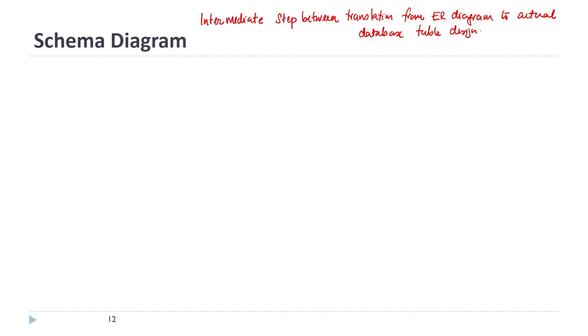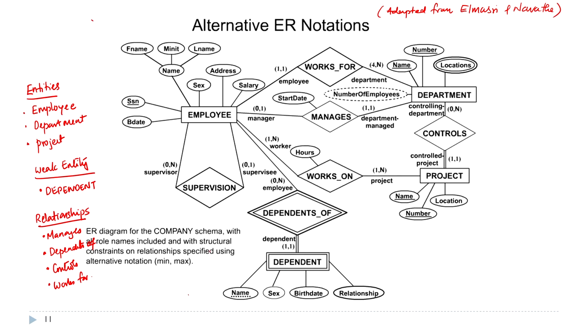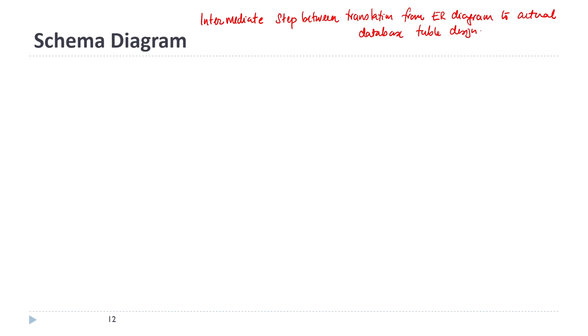So, it is an intermediary step. One way to look into this is, let us take employee. How do we draw the schema diagram of the employee? The schema diagram of the employee will most probably be something like this.